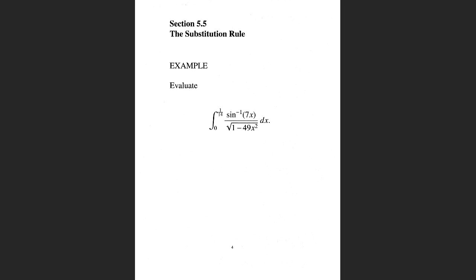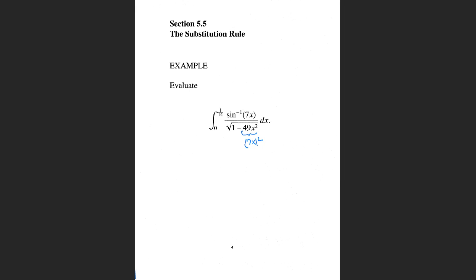Okay, thank you, everybody. Now, one thing that we can notice here with this problem is that 49x squared can be written as 7x quantity squared.